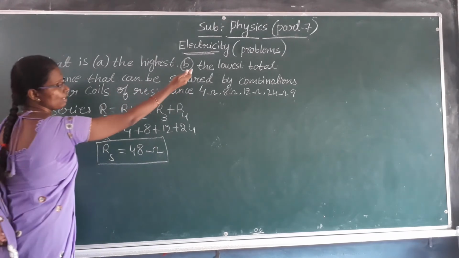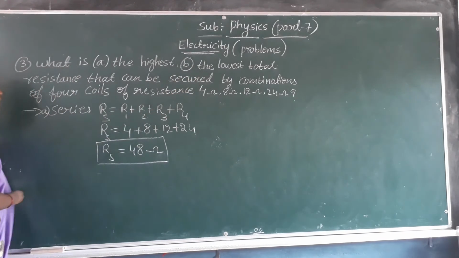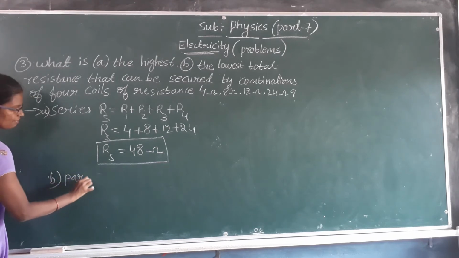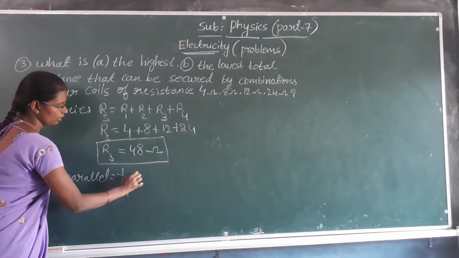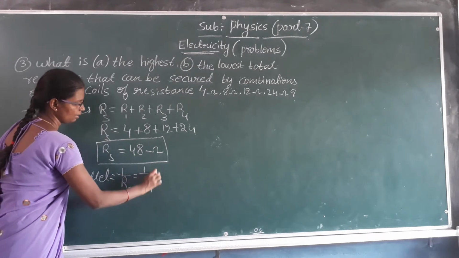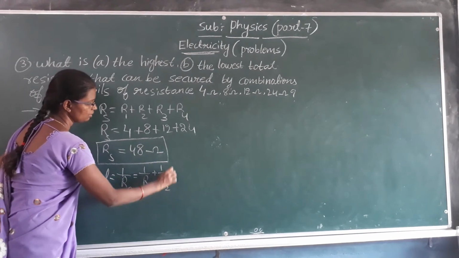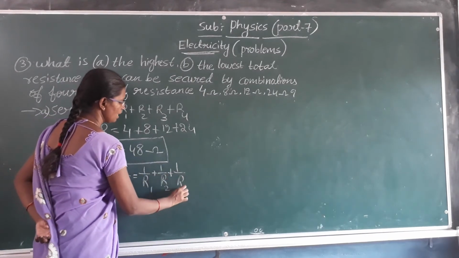Then the second one, what you have to find out is the lowest total value, that is when the resistances are connected in parallel. What is the formula for parallel resistance? That is 1 by Rp equal to 1 by R1 plus 1 divided by R2 plus 1 divided by R3, plus 1 by R4, as 4 resistances are there.